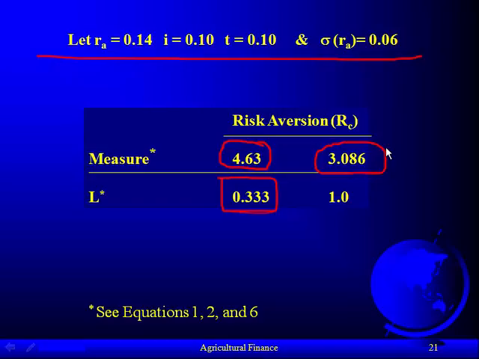For the second individual, who is less risk averse, willing to take on more risk, actually increases their leverage to 1, which means they have as much debt as they have equity.